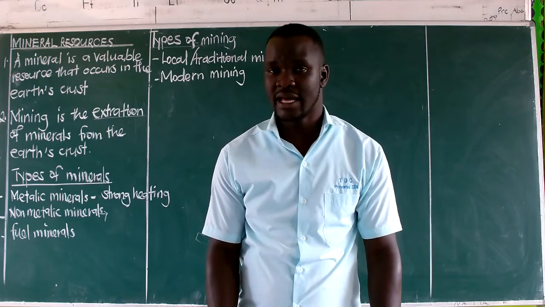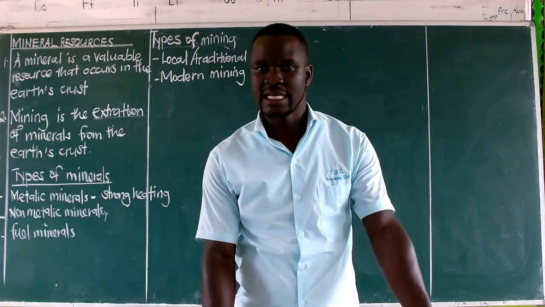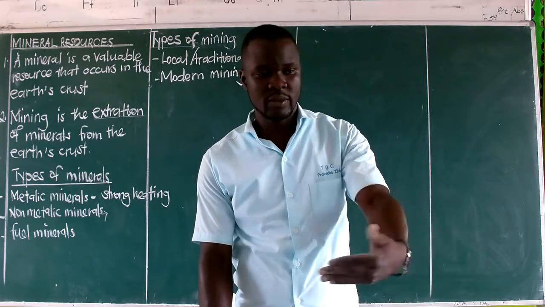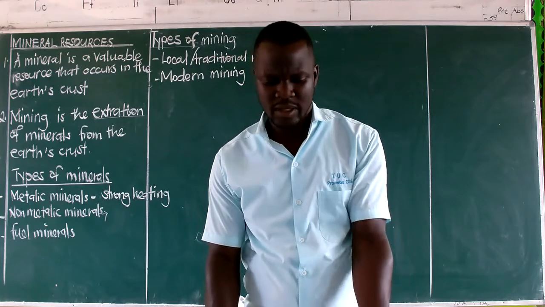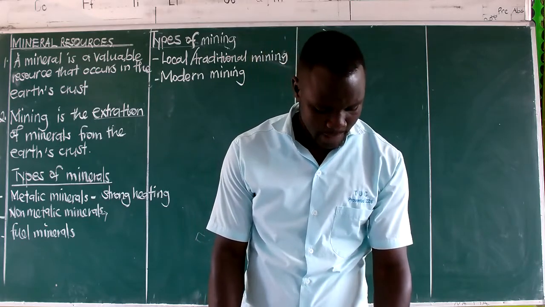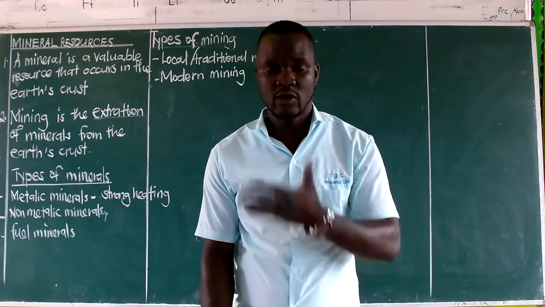This joins the open cast one I talked of. So you find that this one is for minerals which are within the soil, just on the earth's surface. That is what we mean by alluvial mining.